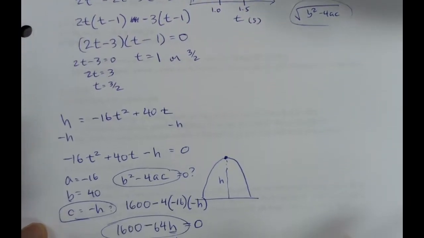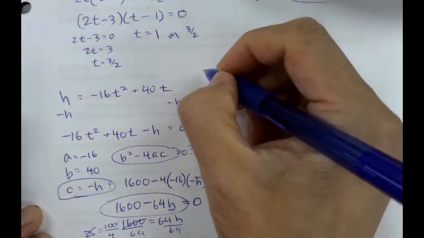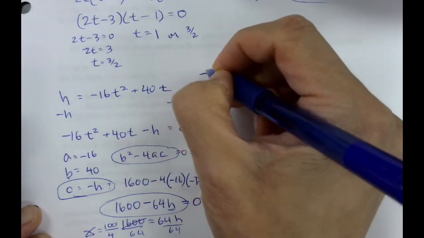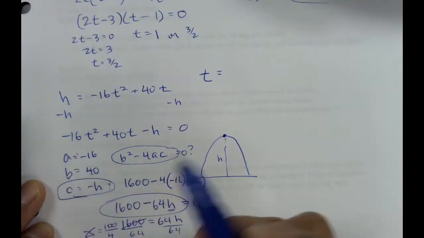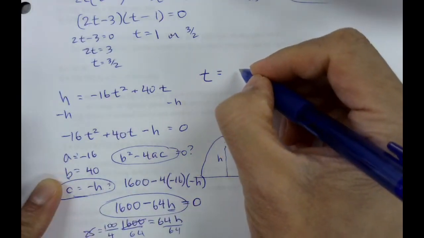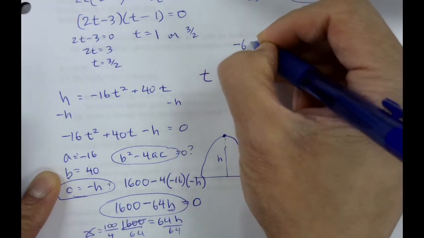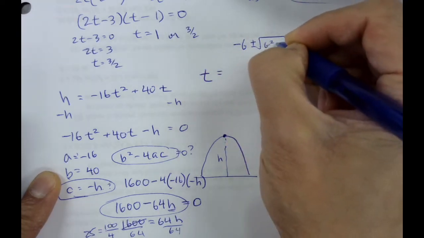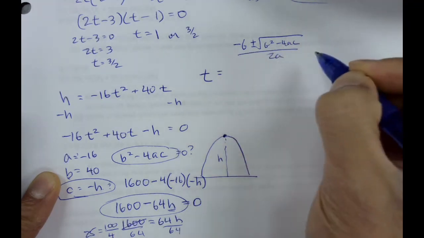Since we've done the discriminant, we're almost there already, because we've already identified a, b, and c. We can, in a sense, use the quadratic formula, and we already know that the discriminant is 0, so that saves us a whole bunch of work.